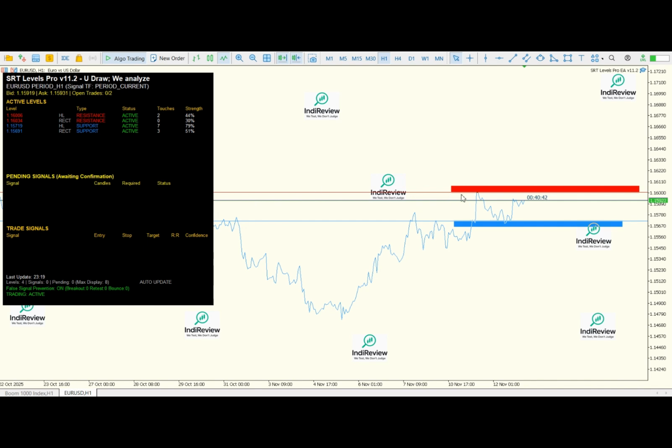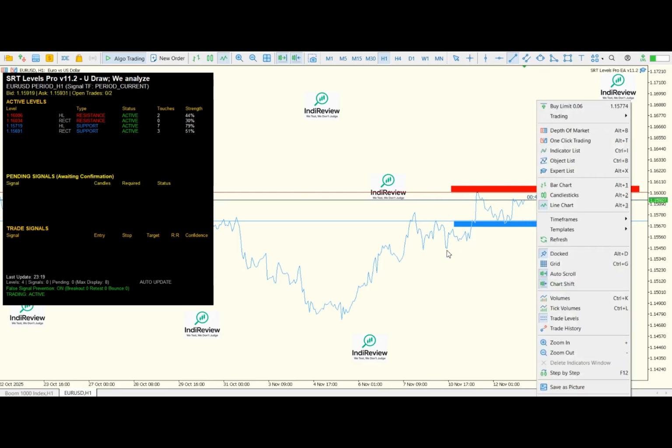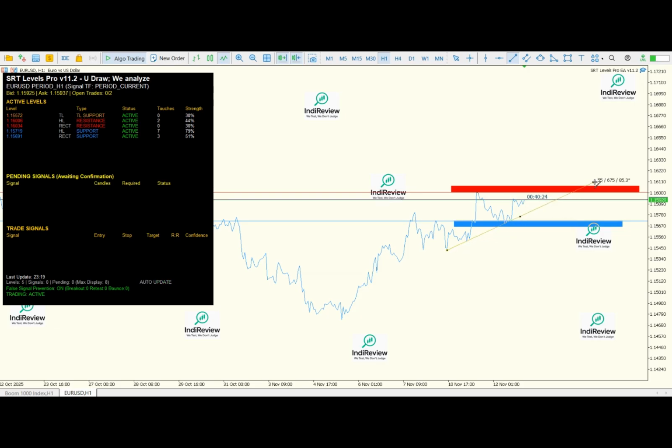All right, so the next thing we'll do is look at trend lines. We can draw a trend line from, let's say, here. The trend line appears as a TL trend line support, and it's identified as a support.